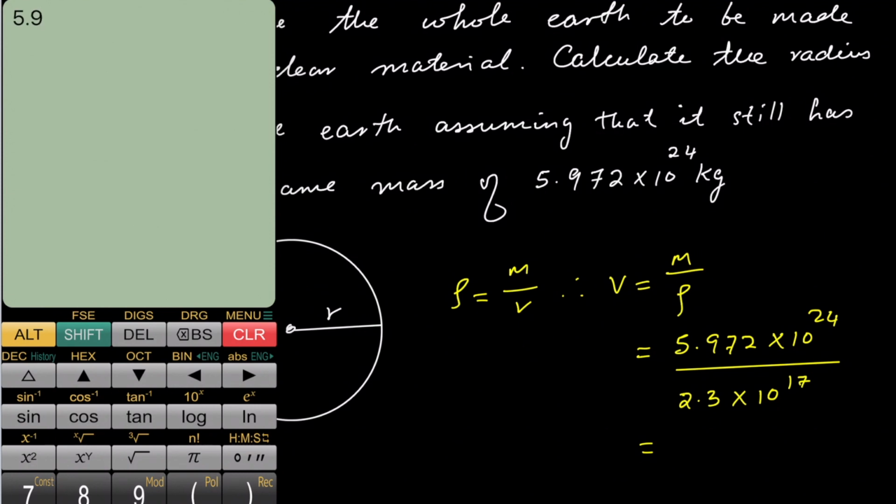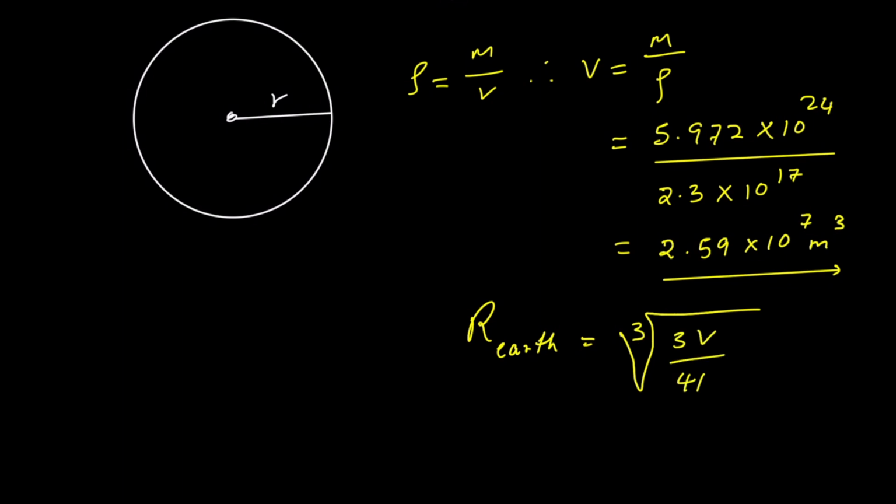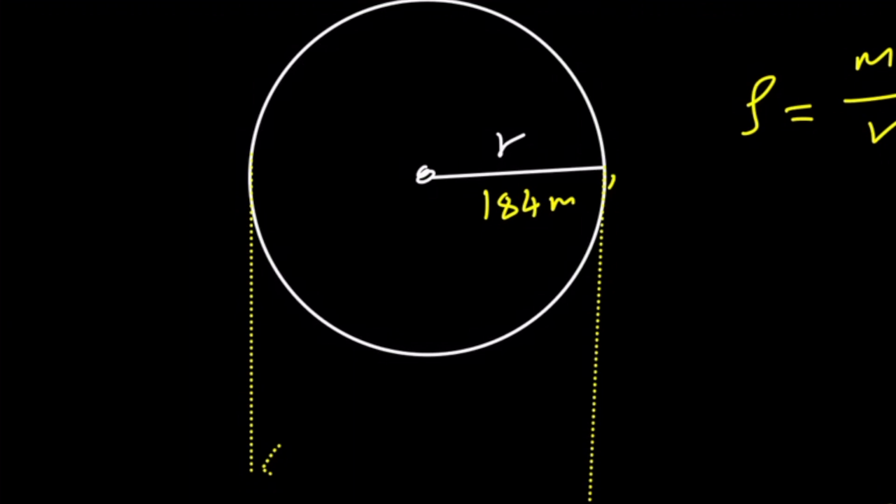So you stick that in your calculator. From here we can calculate the radius now. Radius of Earth is the cube root, I'm sure you can do the maths there, of 3 times volume over 4 pi, assuming again that the Earth is purely spherical, and stick numbers in there. This will be 184 meters. You'd be able to walk the whole diameter in less than 10 minutes.